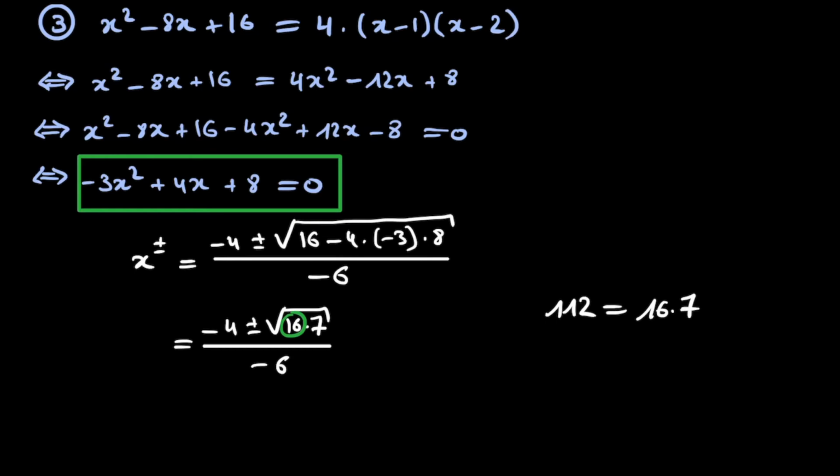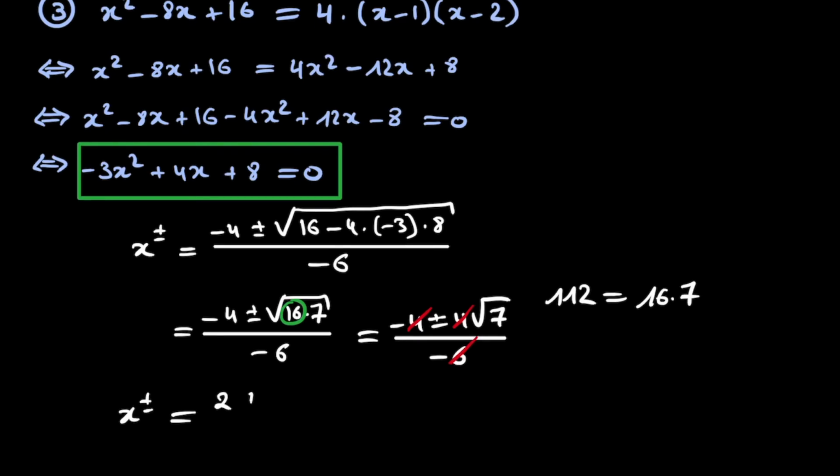Now, of course, this 16 here, because it's in the product of two numbers, can be brought outside of the square root by taking the square root of it. So we simply get minus 4 plus or minus 4 times the square root of 7 divided by minus 6. And we can, of course, divide all of these terms by minus 2, such that we eventually get that our x plus minus is equal to 2 plus or minus the square root of 7 divided by 3.